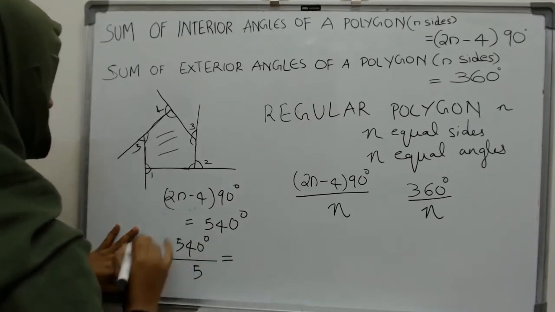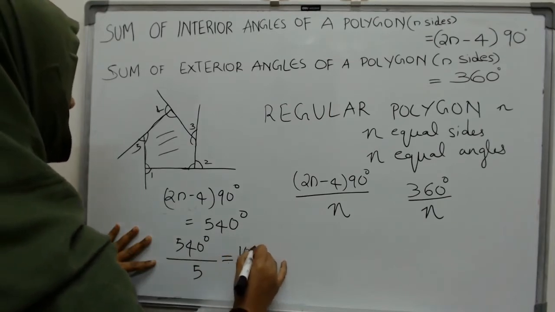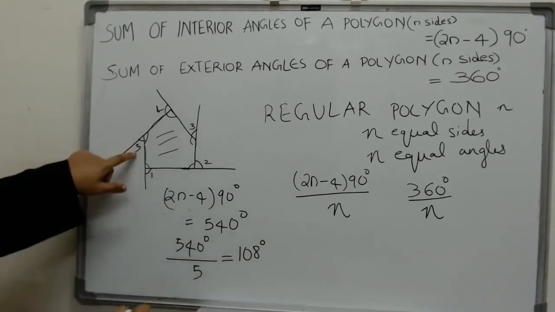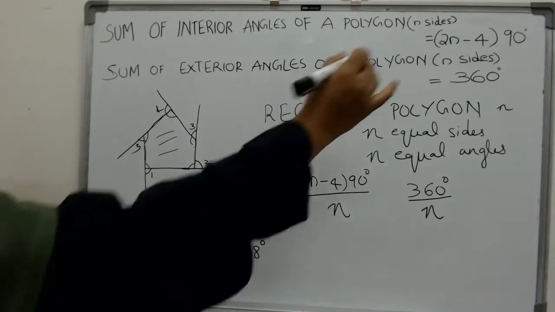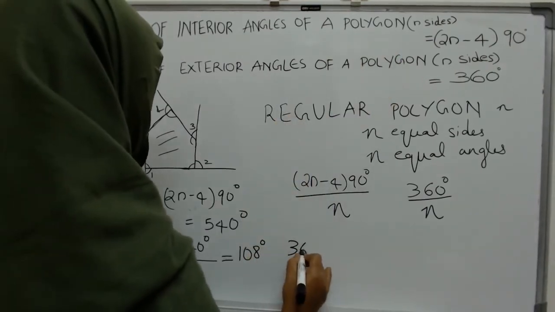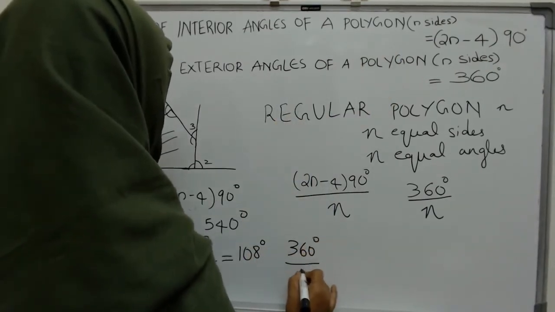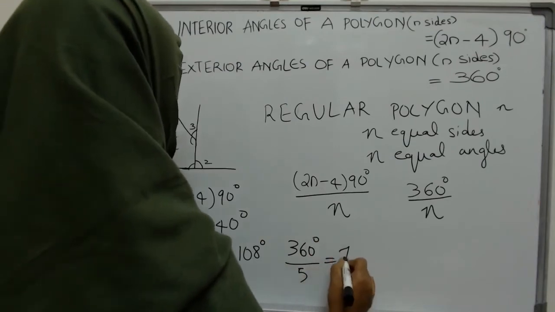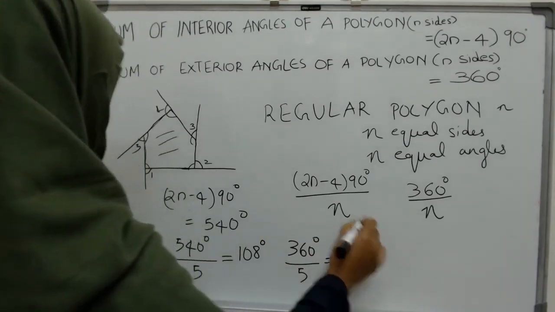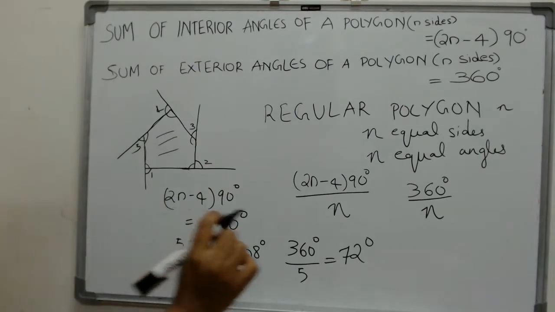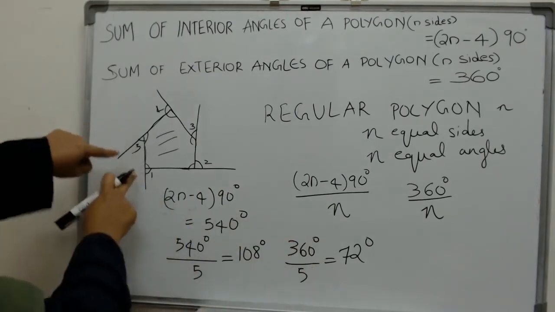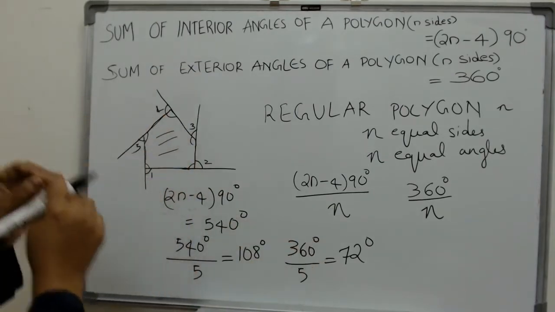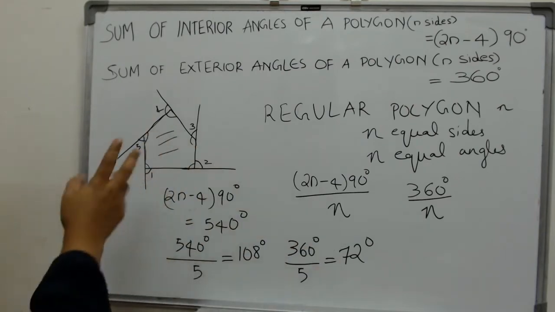So each interior angle will be 108 degrees. What about each exterior angle? Each exterior angle will be 360 degrees by 5, which means each exterior angle will be 72. So if a polygon is regular, you can know what each angle is. If it is not regular, all you can know is the sum.